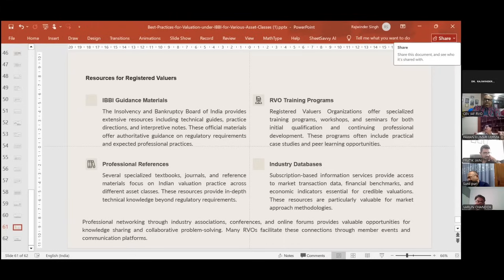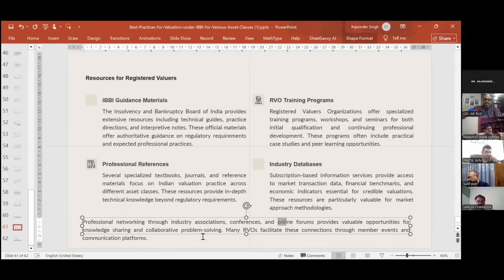Professional networking through industry associations, conferences, and online forums provides valuable opportunities for knowledge sharing and collaborative problem solving. So this is one of the purposes of attending these CPDs.